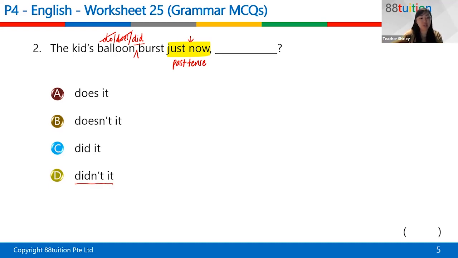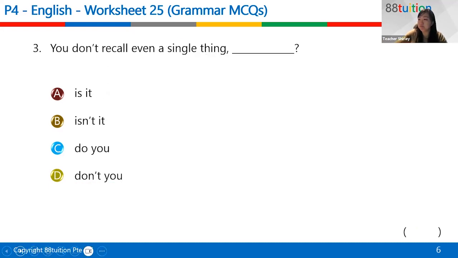Okay, like I said, question tags, you have to make sure that it is the opposite, yeah? So didn't it? Okay, so the answer is D. Okay, so that's about it for this. Any questions for this? No? Okay, great. Let's move on, yeah?